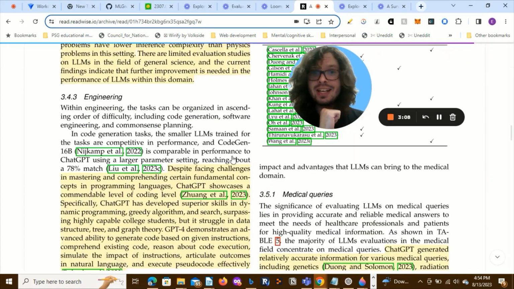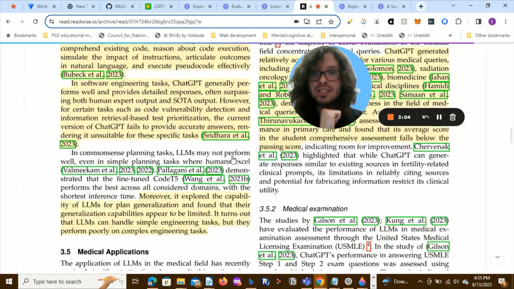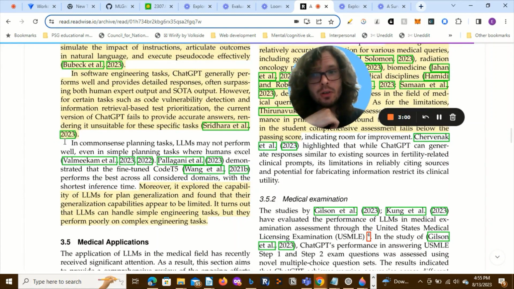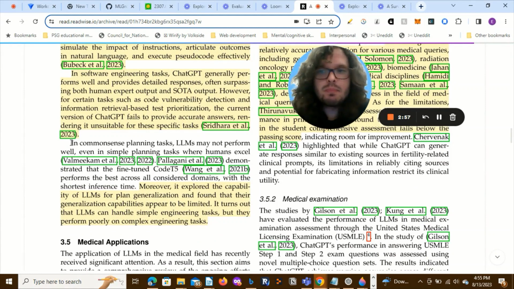But they actually are not very good at common sense planning, okay? They might be able to do small planning tasks, but even things that humans consider basic and simple for project planning and task planning, LLMs don't do as well. They do not have well-developed ability to do generalized planning and generalization in general. So you can't make an LLM act as your Scrum Master on an agile development team, for example.